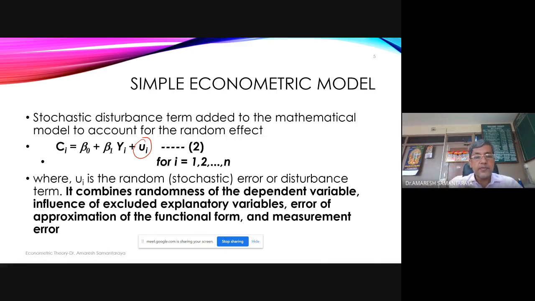The response of each individual to a change in an exogenous variable by a certain amount is very different.